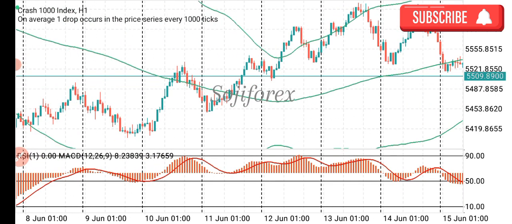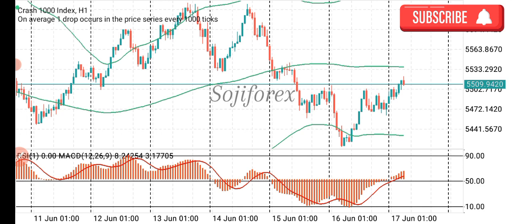In today's video, we'll be looking at one of these signals that will help us know when price is about to make a retracement or a reversal.